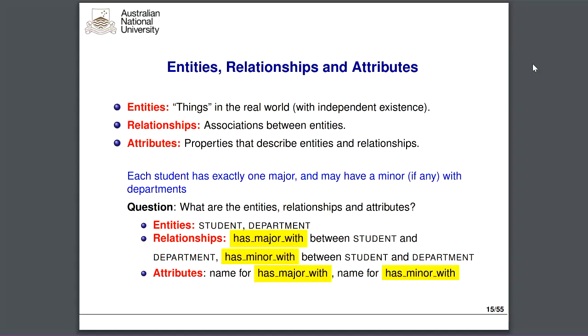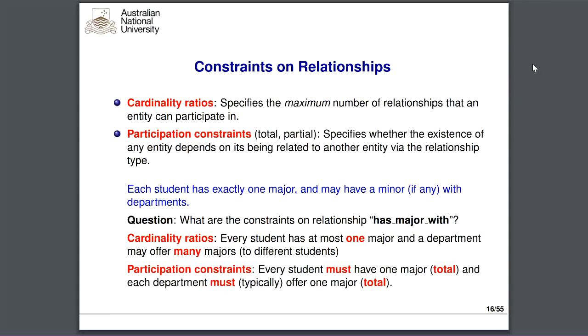And the attributes in this case are like the name for this major and for this minor as well. So those are examples of identifying the relationship. Now you identify the entities, the relationships and the attributes at the same time, and then maybe you go a little bit further to identify the primary key as well.